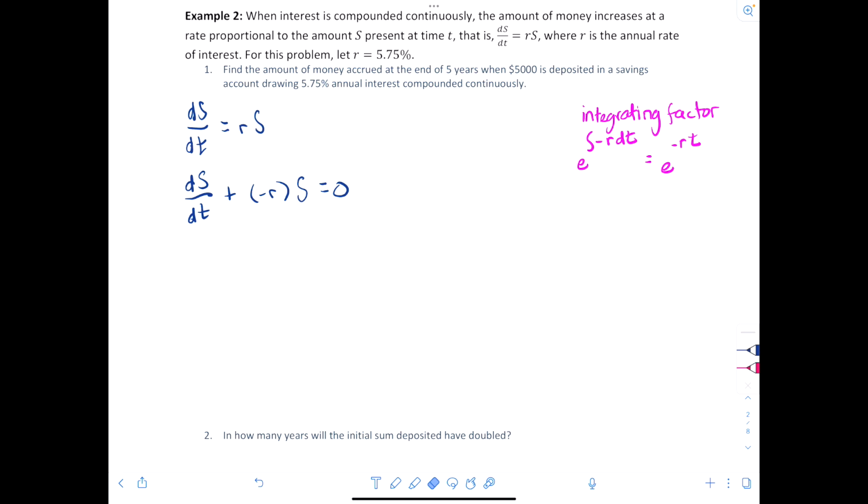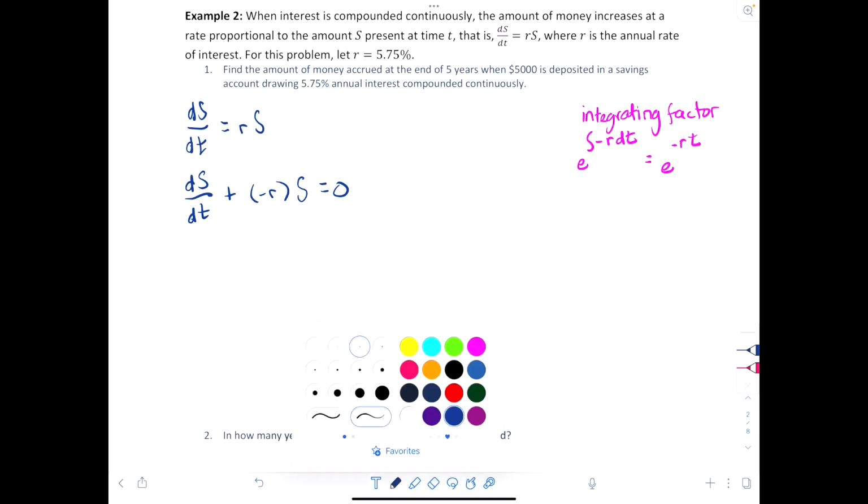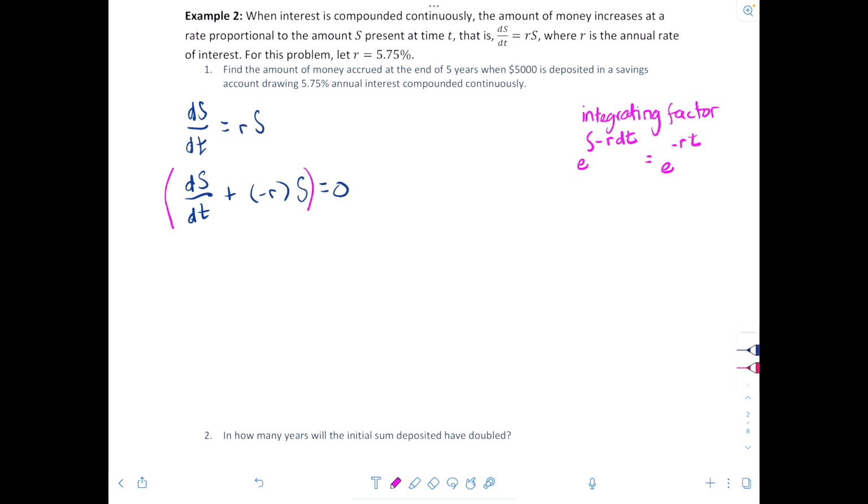So now, coming back and multiplying both sides by our integrating factor, remember, we write this as the derivative with respect to t of a product, both of them functions of t, so I'll have e to the negative rt times s, and that's still going to equal 0.